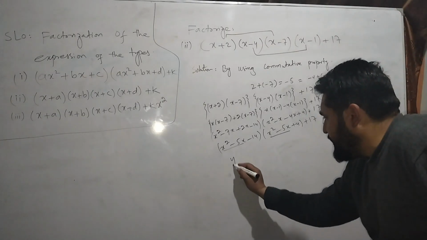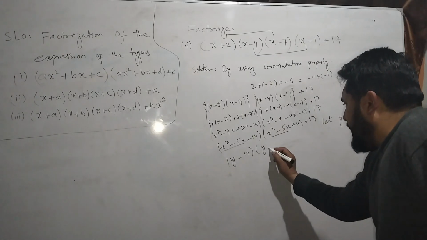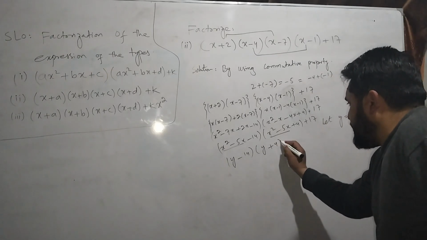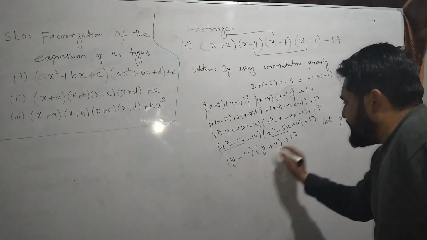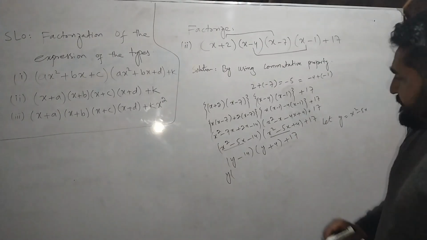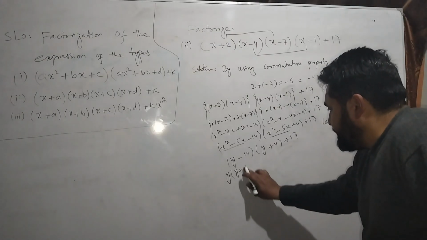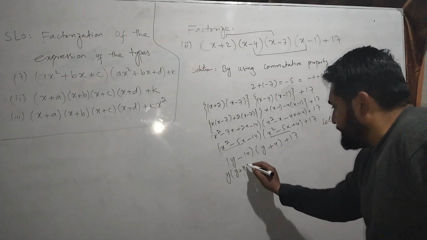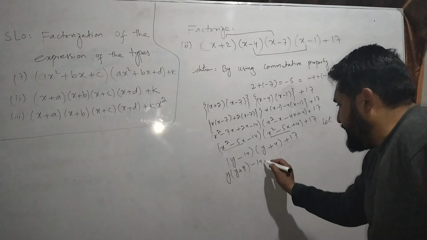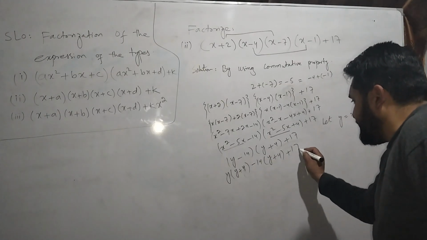So here put y minus 14 into y plus 4 plus 17. We just multiply these two. That is y into y plus 4 minus 14 into y plus 4 plus 17.